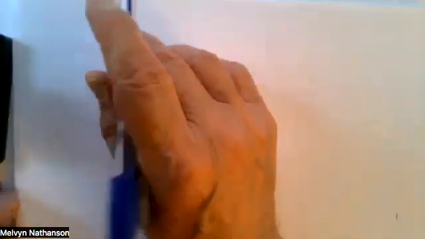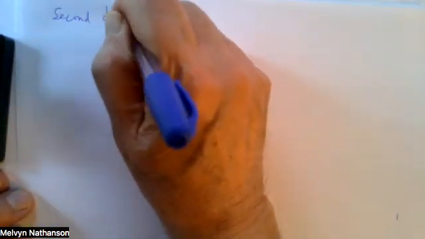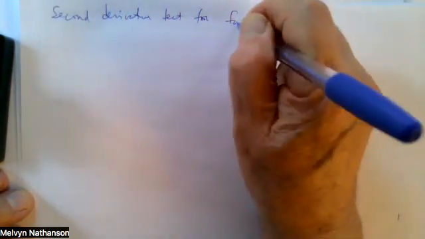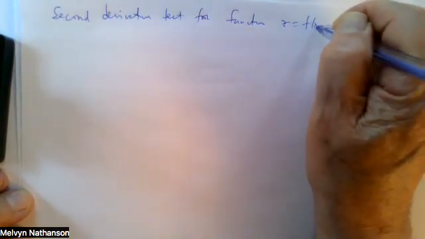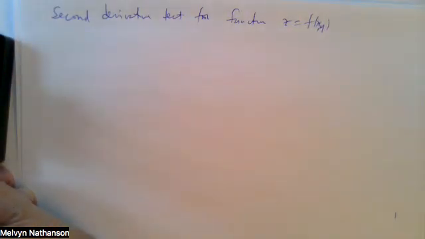And just as we had a second derivative test for functions of one variable, there's something completely analogous. There is a second derivative test for functions of 2 variables, which allows you to tell whether a critical point is a local maximum or a local minimum or a saddle point, but sometimes it just also gives no information.